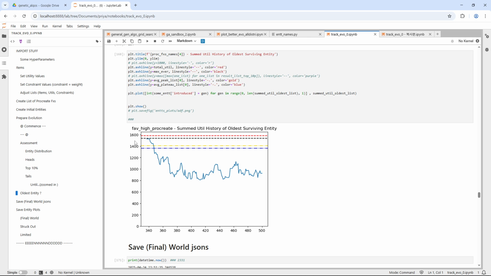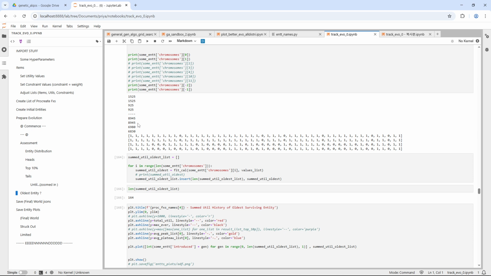But if you start all the way up here, it is very likely that any addition of a gene, any more activation of a gene from 0 to a 1 through mutation, would very likely go above the threshold that is 9,000. And as you can see, it started off with 8945.